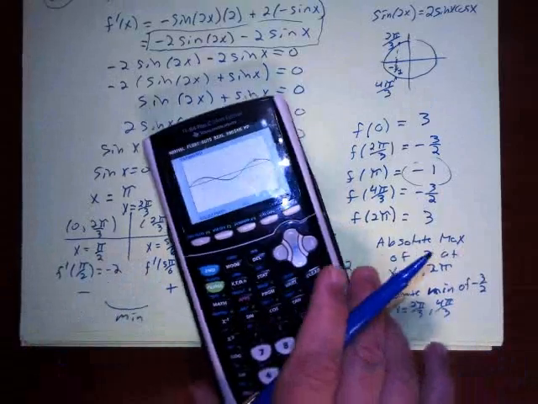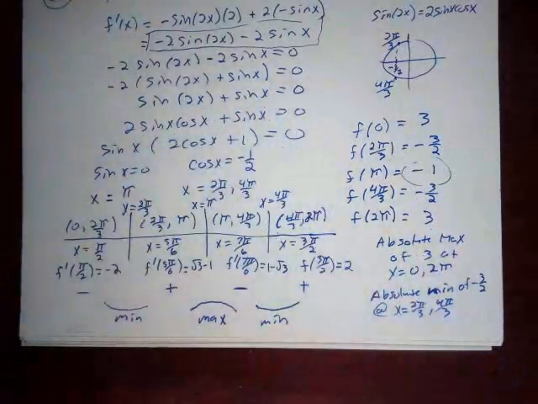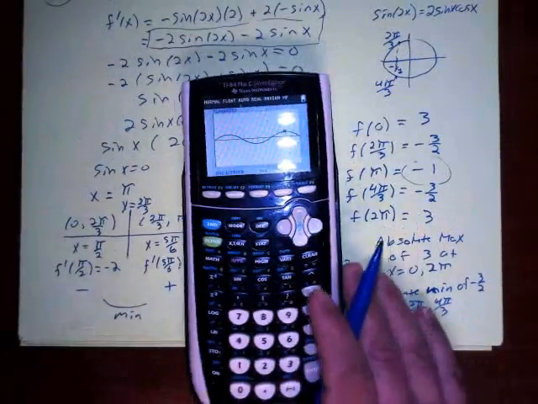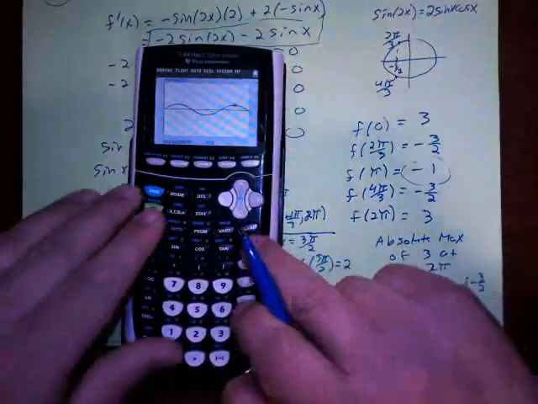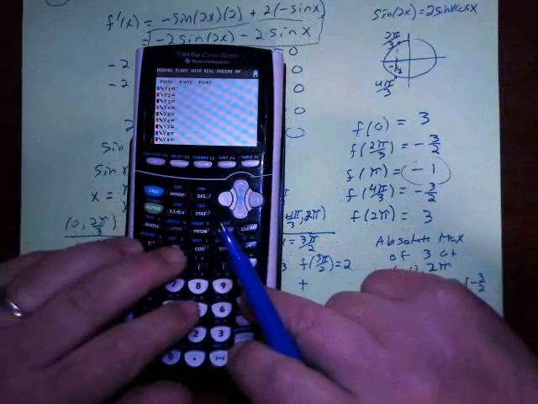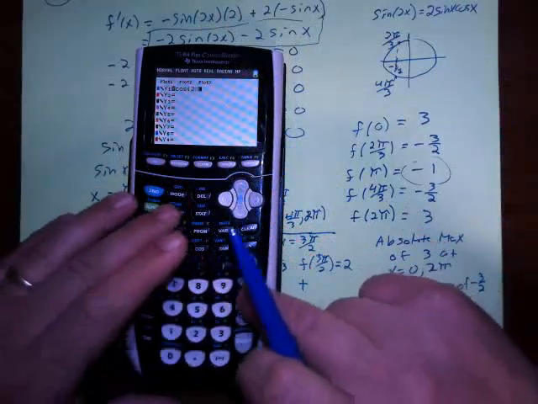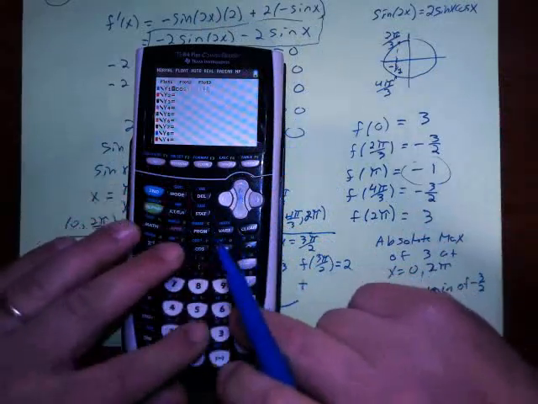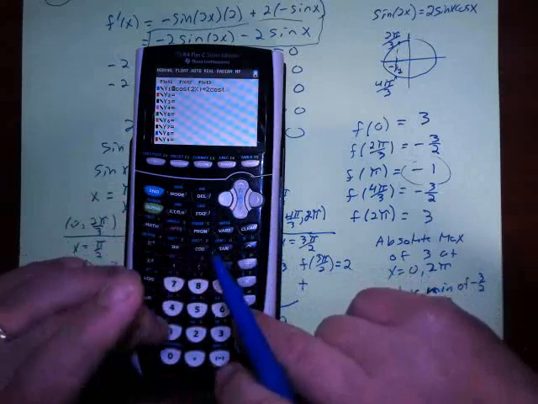So let's check it out here. Maybe I can clean this off a little bit so it doesn't glare. Okay, so now I'm going to put in the original function, and I get cosine of 2x plus 2 cosine of x.